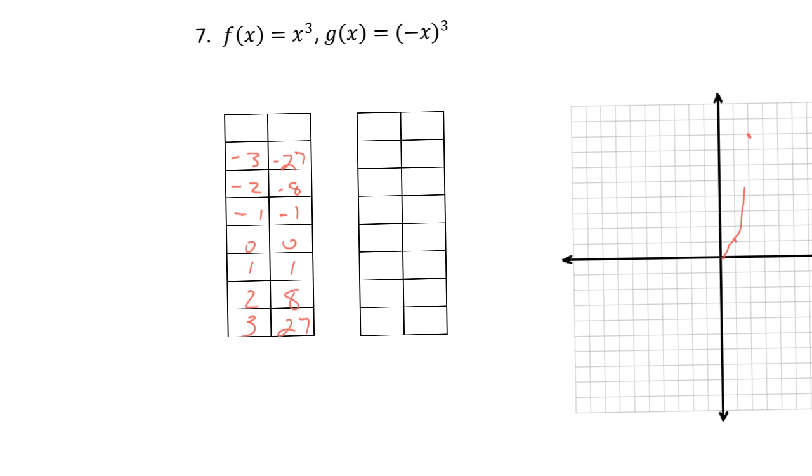What's happening with this one, and you'd have to watch as your calculator is drawing these in order. Your first one, we've seen this one a few times, very steep on the left side and on the right side.